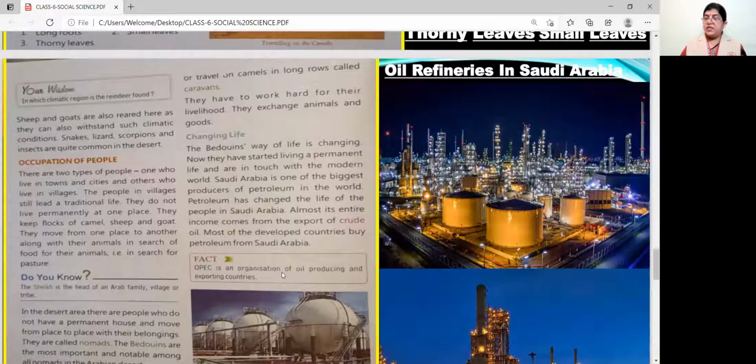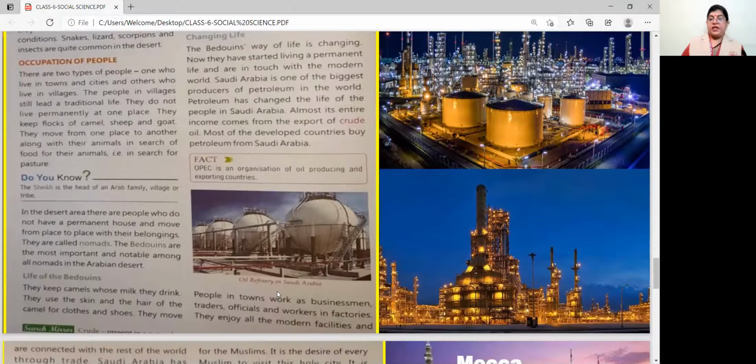It is an organization of oil producing and exporting countries. So now the Bedouins' life has changed. They have started living a permanent life.